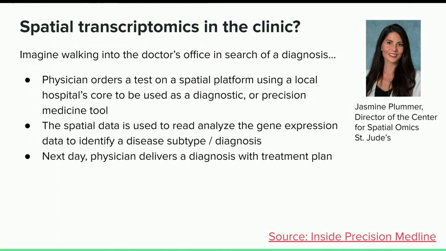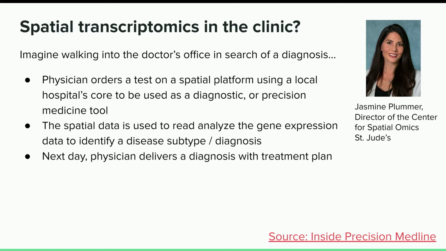The spatial data that you capture will be able to be used in the following way. Maybe we've already had a large enough atlas generated such that we know the disease subtypes, the spatial disease subtypes. And so when you take this biopsy, we'll be able to immediately figure out what the subtype is or what the diagnosis is.